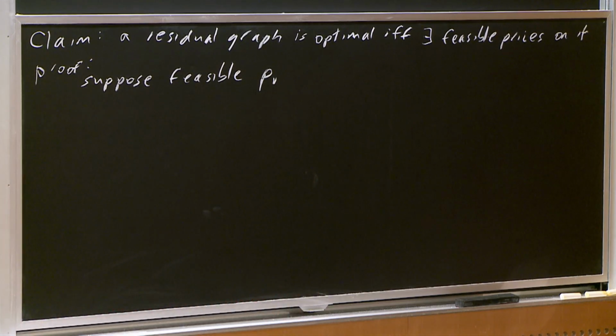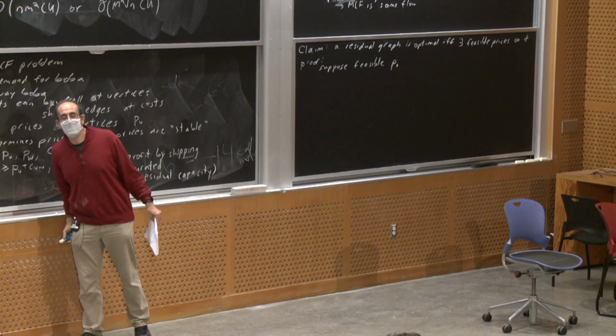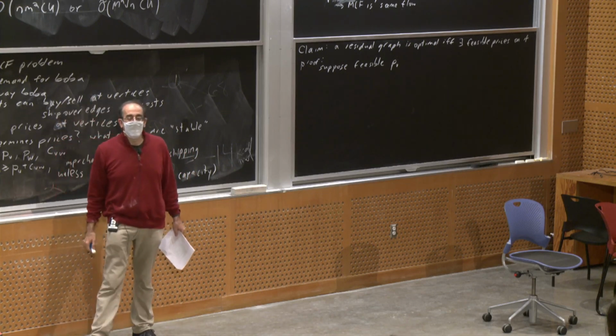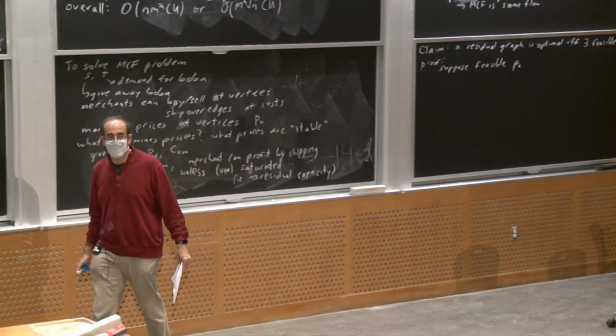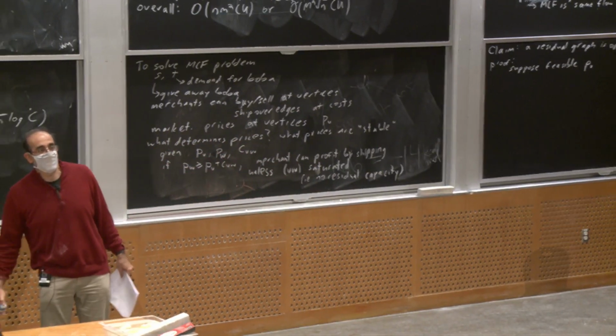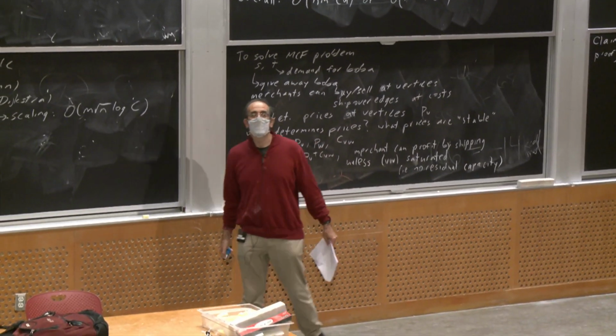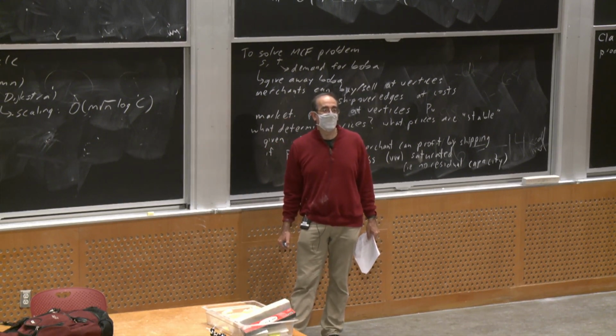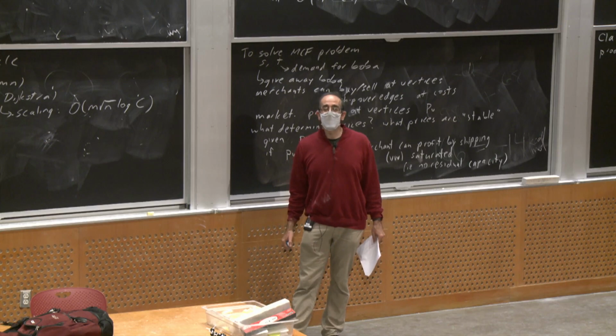Okay. How do we prove that our residual graph is optimal? Well, what was our previous criterion for deciding that a particular residual graph was optimal? No negative cycles, right?